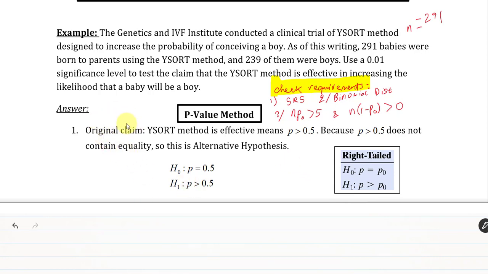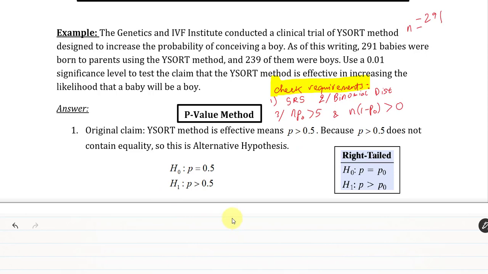The original claim is that the YSORT method is effective. We are checking to see if the YSORT method here is effective or not. Now, if this method is effective, it should mean that the proportion of getting a boy will be bigger than 50%, or 0.5, right?